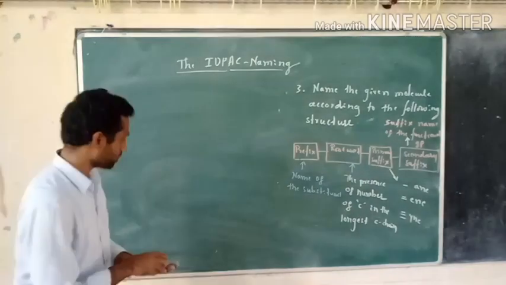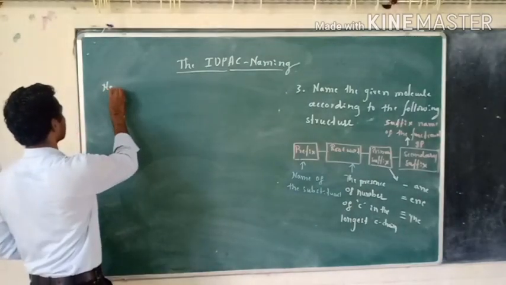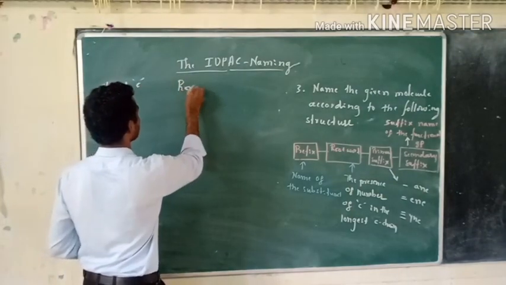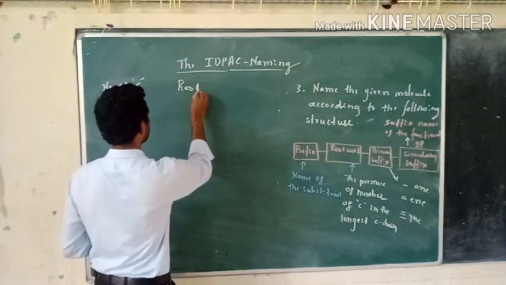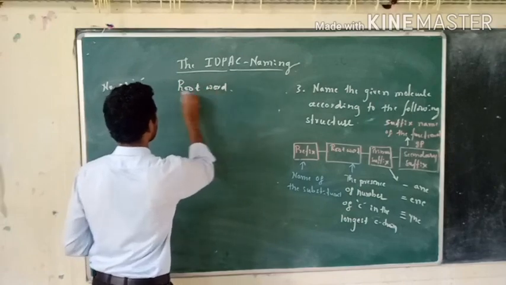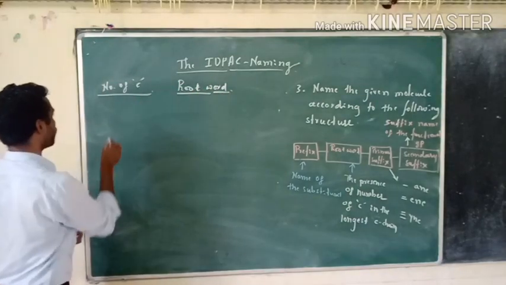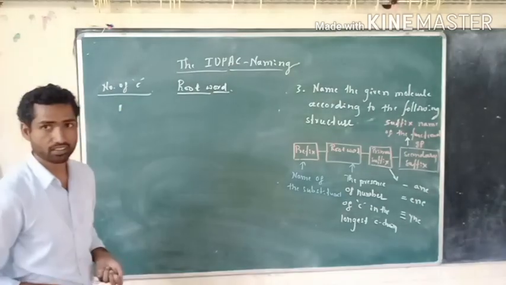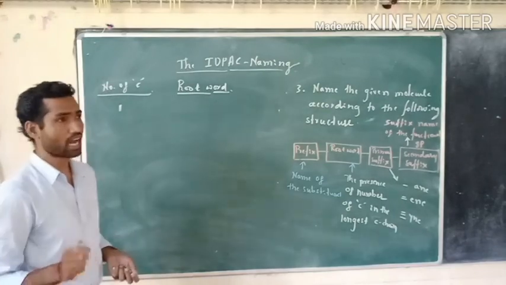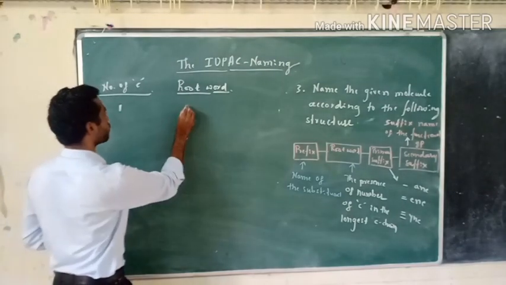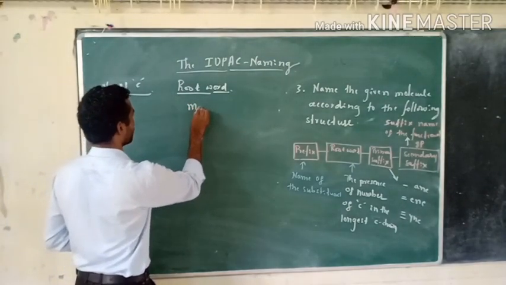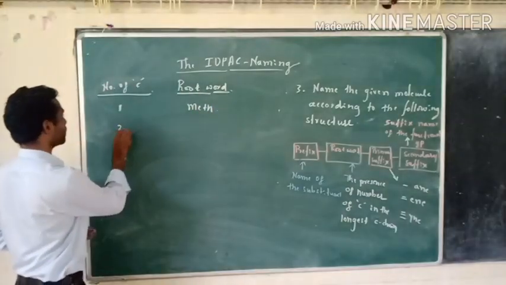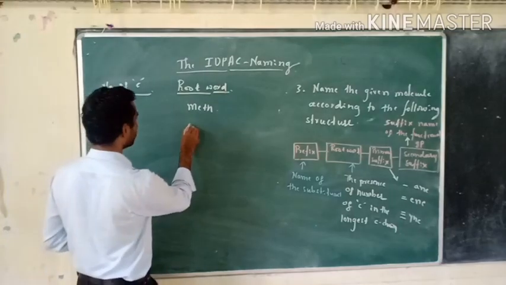So what are the different root words used for naming the longest carbon chain containing different numbers of carbons? Number of carbons and root word. If there is only one carbon in the longest carbon chain, then we use the root word meth. If there are two carbons, then we write eth.